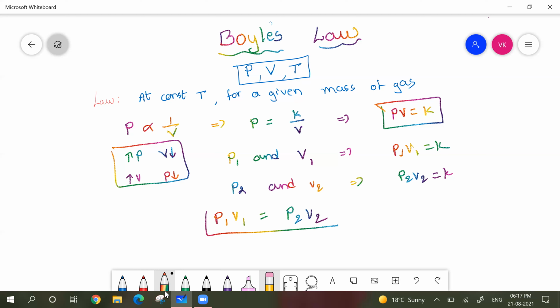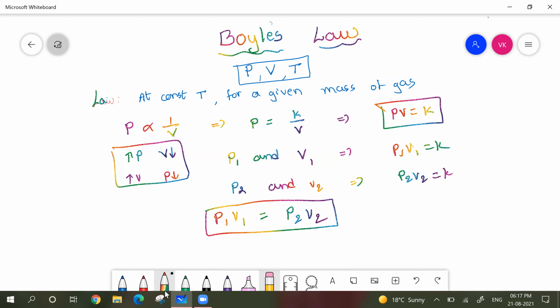We use this to compare a gas at two different pressures. Whenever pressure is changing, volume will also change. So that's the basic law, students.